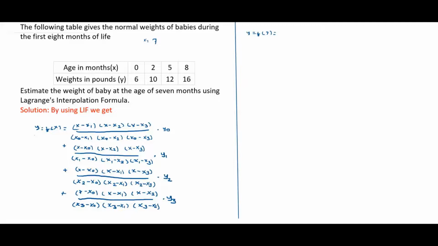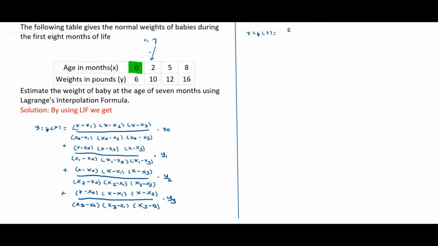So x is equal to 7 means in formula the first numerator is x minus x1, x minus x2, x minus x3. So in this case first you have to close the first value, 0. Now you can subtract this 7 minus 2. 7 minus 2 is equal to 5.